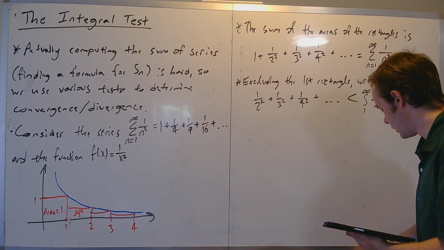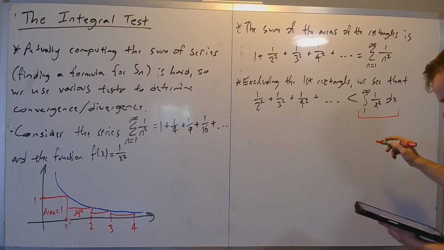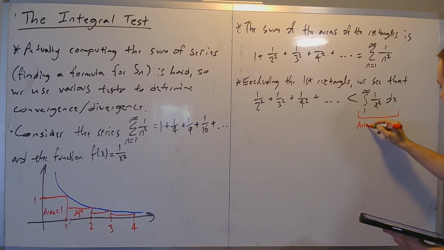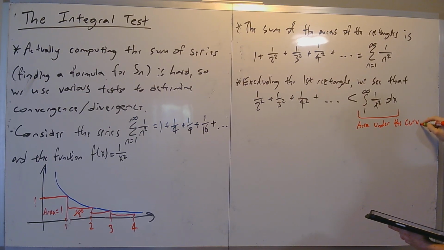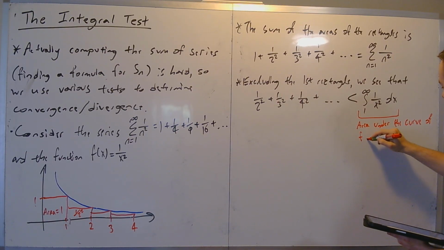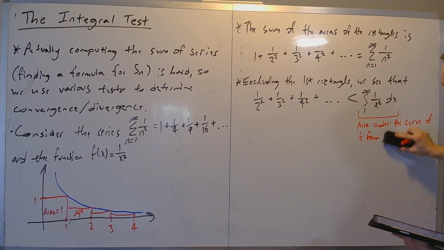Okay, remember the reason we have this is the area under the curve of f from 1 to infinity.